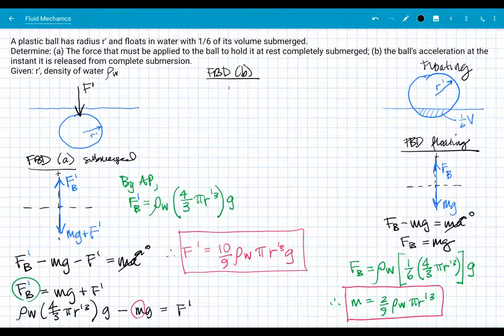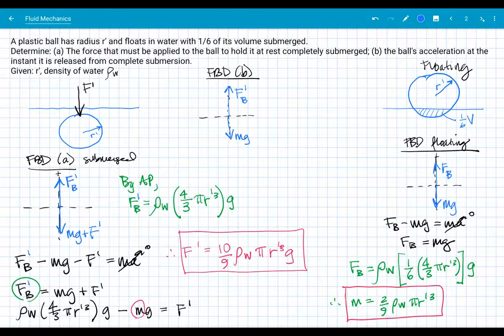So this is a dynamic case, which means it's not in equilibrium. So what do we have here? We've got downward force, only the weight, and then upward force, buoyant force, and this is going to be buoyant force prime here, right?